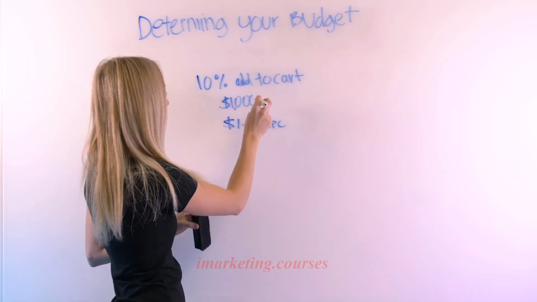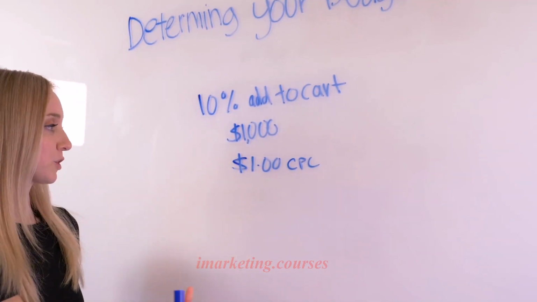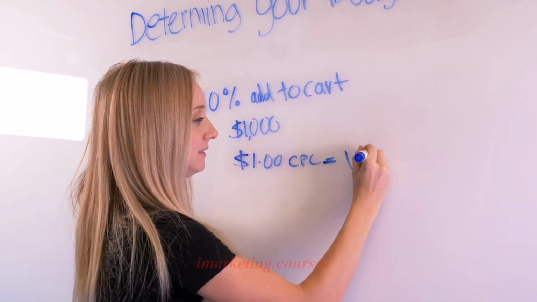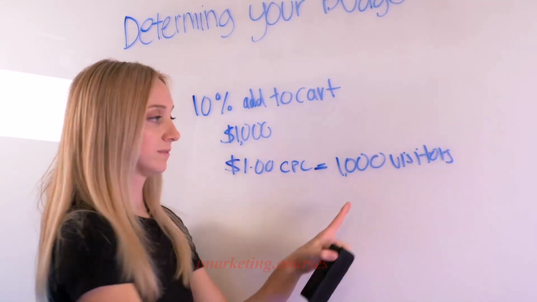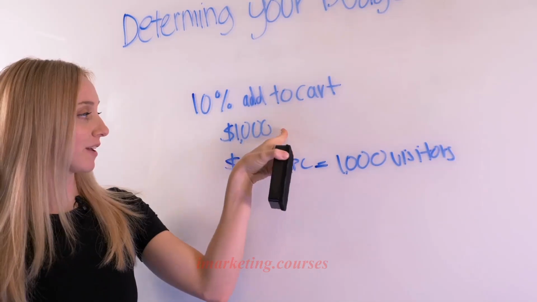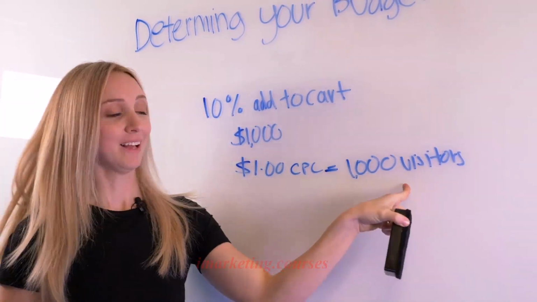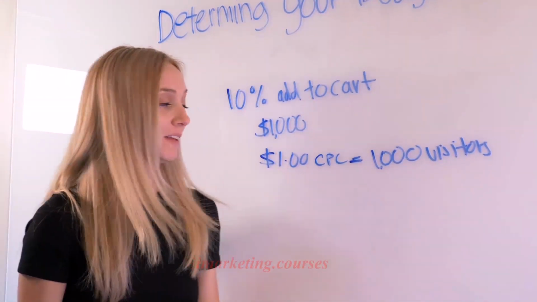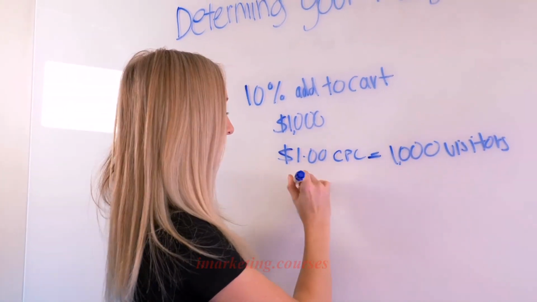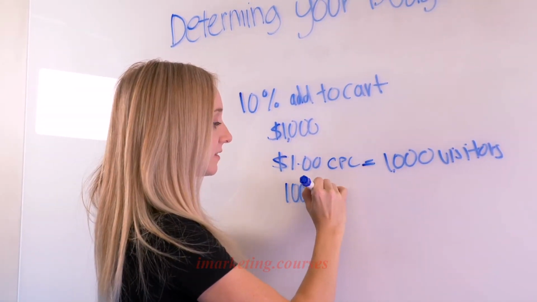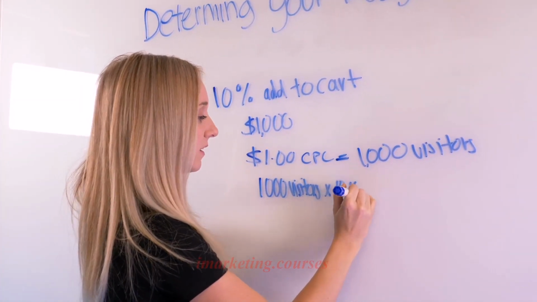So you spent $1,000 on your ads, you have $1 cost per click, which means that you're gonna get 1,000 visitors to your site. So if you follow the logic, spend $1,000 a week, $1 per person who comes to your site. That means 1,000 visitors on your site from TikTok. And we know that we have a 10% add to cart rate, which means 1,000 visitors times 10% are gonna add to cart.